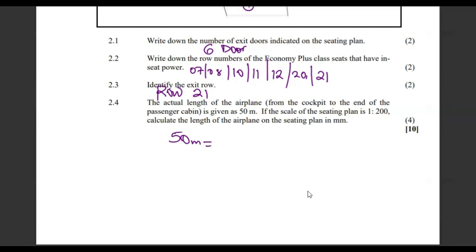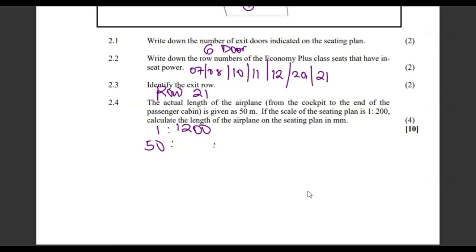If the scale of the seating plan is 1:100, look at the length of it in millimeters. What we're going to do, we write down the scale first. This is how the scale looks.